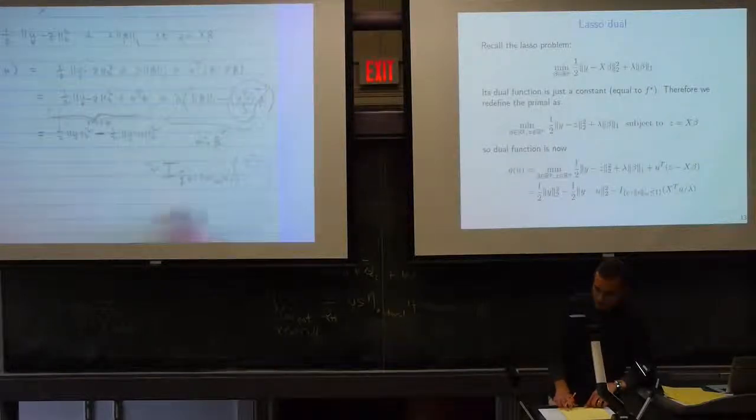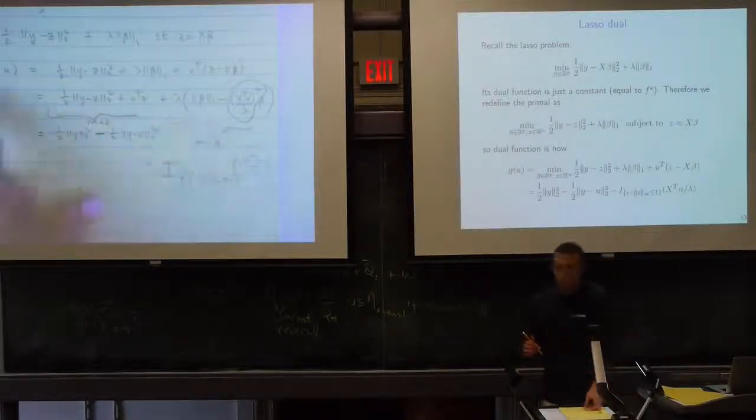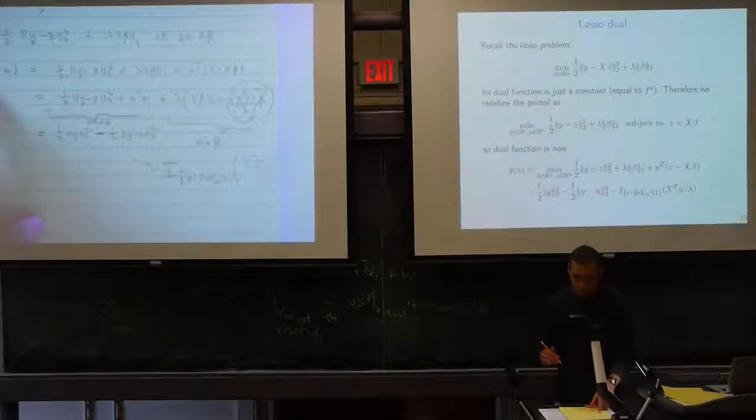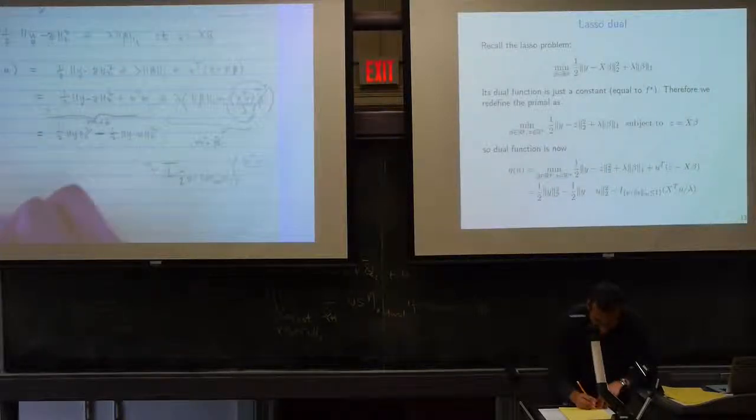Okay, so what is this? It's infinity when this quantity has infinity norm bigger than 1, or it's 0 when it does not. So this lambda in front doesn't do anything in terms of the role it plays in the minimization. Now I'm going to write g of u.